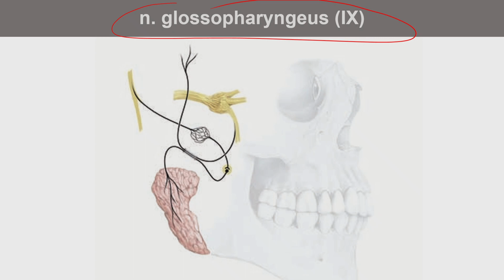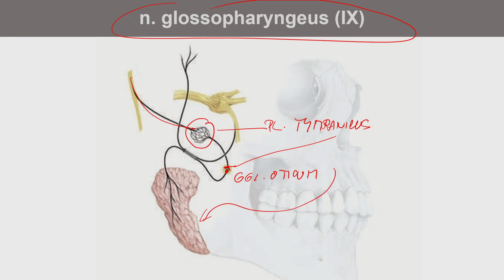That ganglional nerves from glossopharyngeus are going into this plexus tympanicus, then are relayed in the ganglion oticum, and then it is an innervation of the parotis. So this is a parasympathicus.